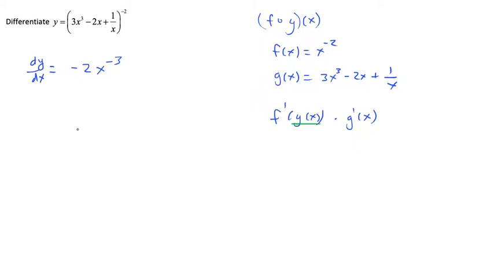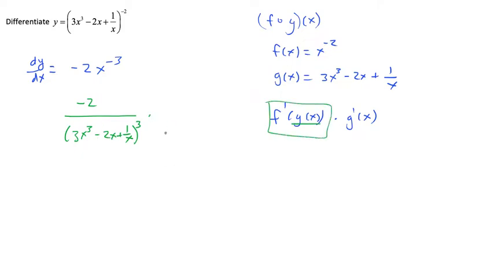A negative third power means we put 1 over that. So negative 2 over, putting g of x in here, 3x cubed minus 2x plus 1 over x, and all of this to the third power. So that's this part: we took f prime evaluated at g.